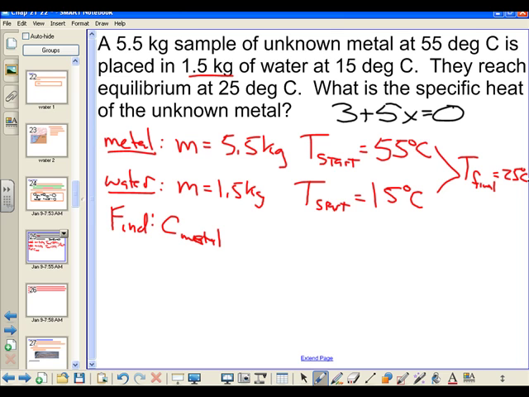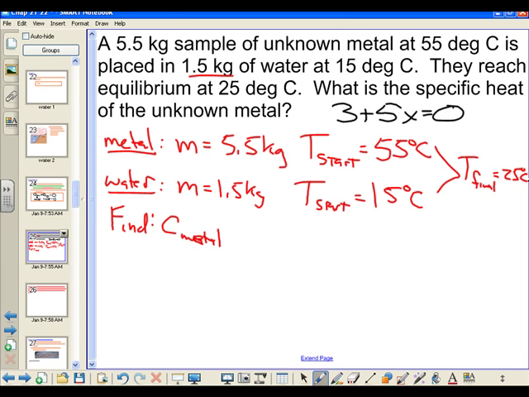Metal T start: this has its starting temperature, this one has its starting temperature. When you put them together, they're going to end up at a final temperature. That's the thing about calorimetry. They all reach the same temperature. In our lab today, the metal and the water will reach the same final temperature.